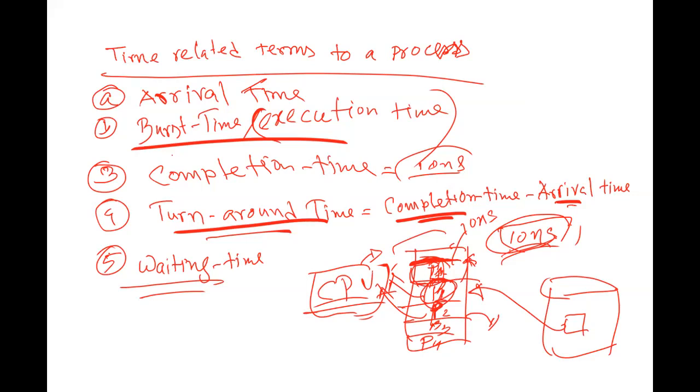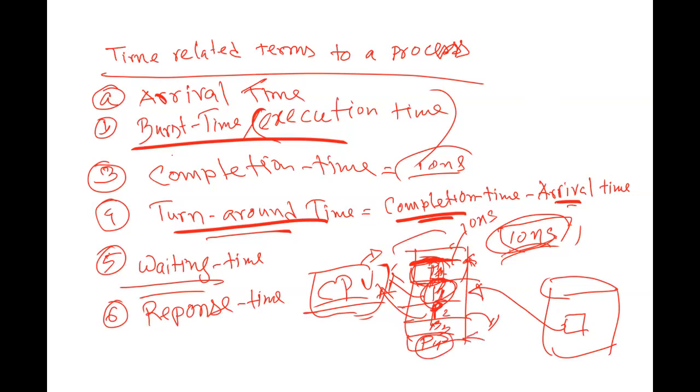And number 6 is response time. What is the response time? Response time is the waiting time of a process until it gets the CPU for the first time. Let's say there is a process P4.